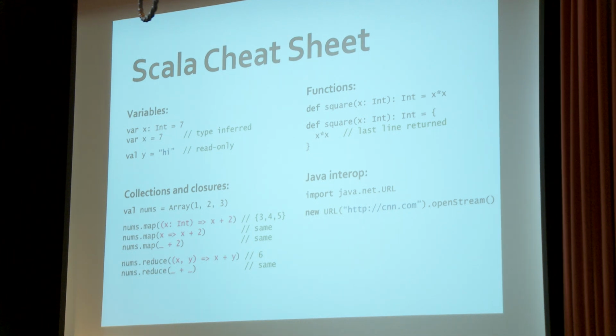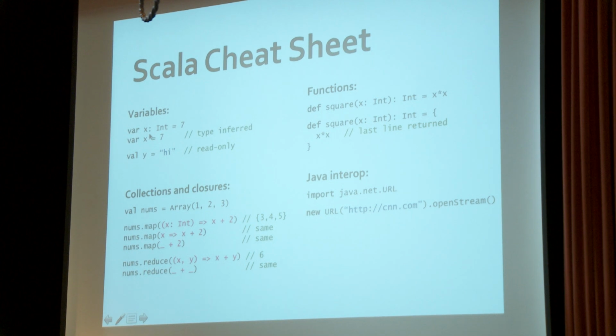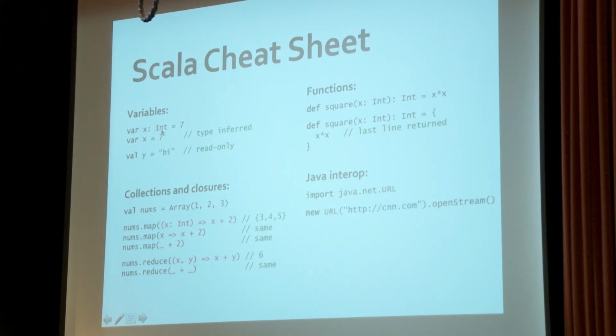So let's see, there are a few things going on. First is the stuff about variables. When you declare a variable, you say var, you give it a name, and you can optionally give it a type. So :int means it's going to be an integer, and you can give it a value. If you don't give it a type, Scala will infer the type based on what you're initializing it to.